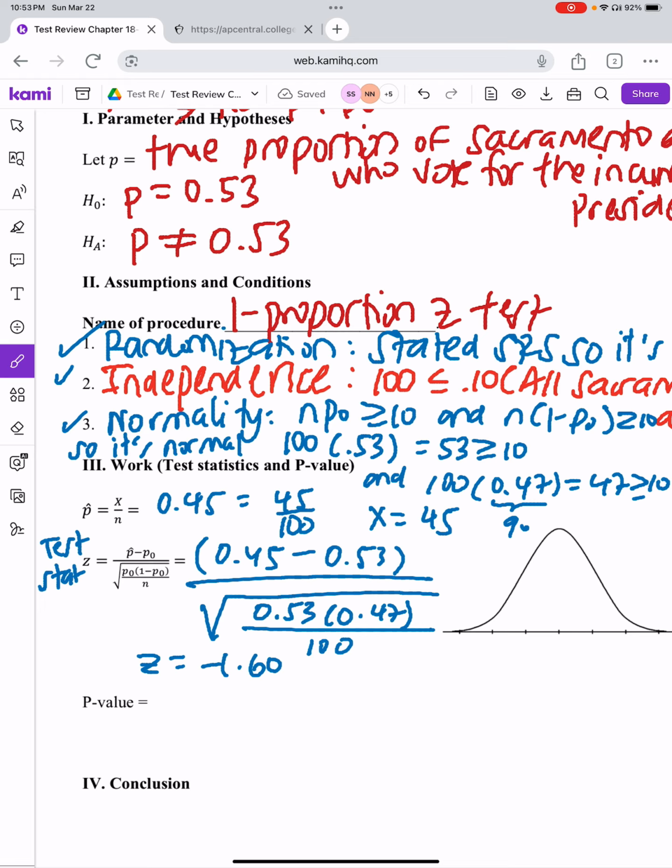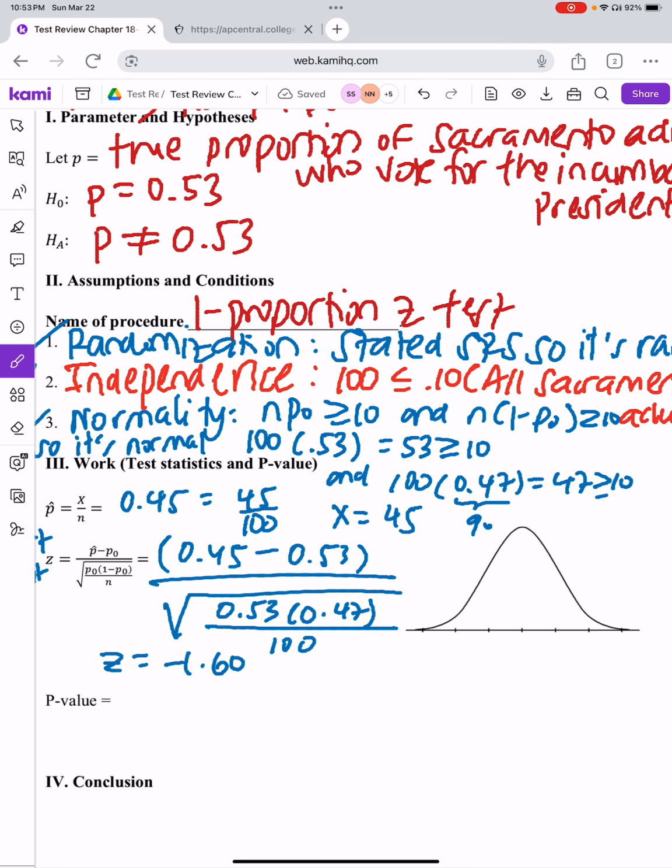The problem is this is a two-tailed test, so make sure when you do this, negative 1.60 is over here. You also do it over on the right side as well. Regardless of whether you have a z-score that's positive or negative, I always look at the negative z-score because of symmetry.